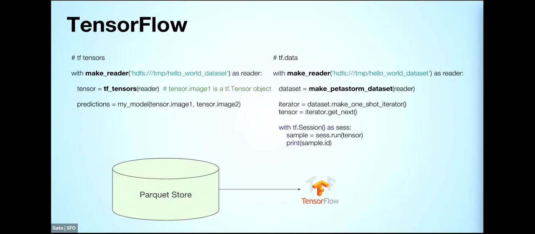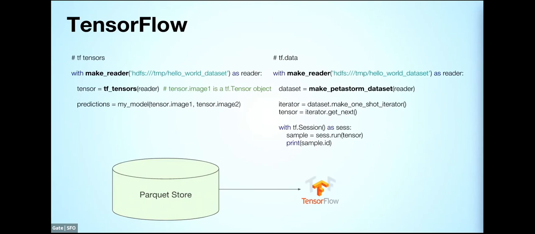Now, if you're working with TensorFlow, once you have the reader object, there is a small adapter function that will take this reader object, and the output is going to be TensorFlow tensors, which means you can take these tensors and connect them directly into your graph and start your training cycles or evaluation cycles. Right? Basically, it becomes part of your graph. We also support the TF Data API, which is a new way of, well, it's not that new anymore, but it's another way of accessing data in TensorFlow.